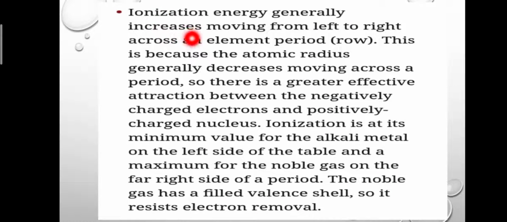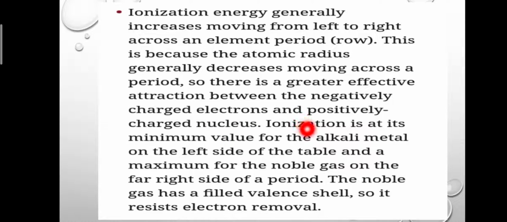Ionization energy generally increases moving from left to right across an element period. This is because the atomic radius generally decreases moving across a period. So, there is a greater effective attraction between the negatively charged electrons and the positively charged nucleus.